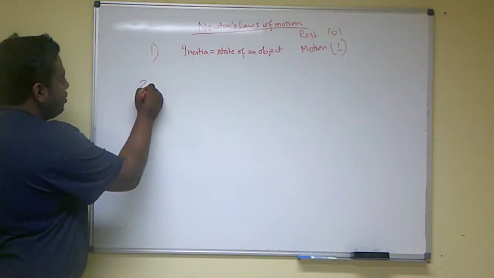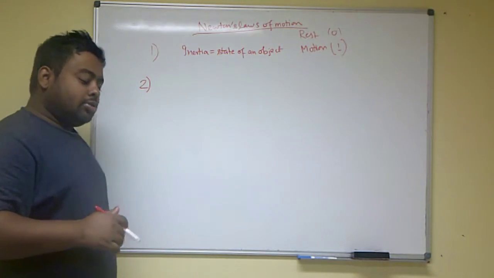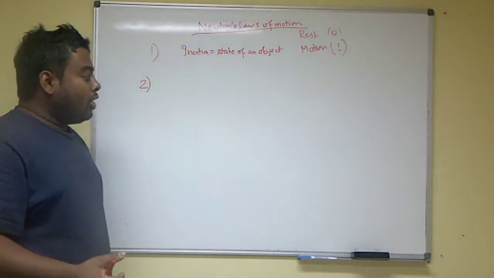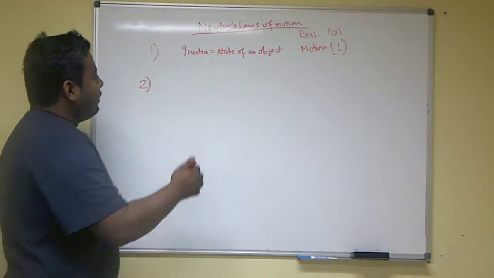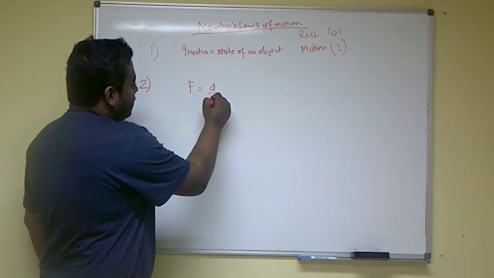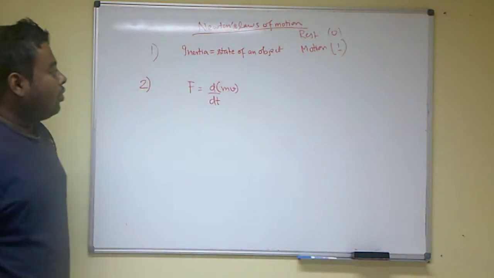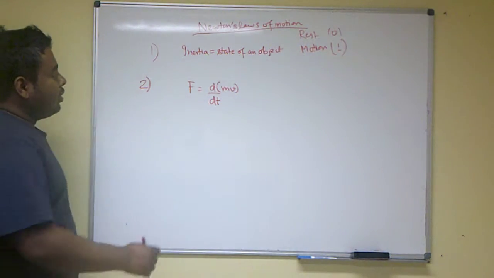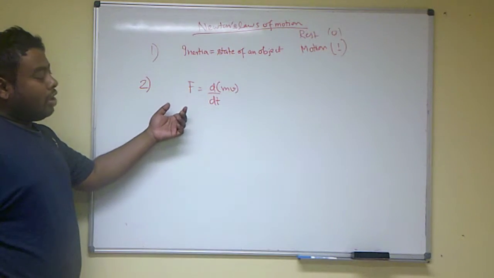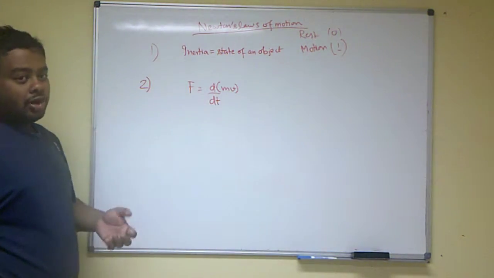The second equation of motion states that whenever there is an external force which you apply on a body, that force will cause either a change in mass or a change in velocity.